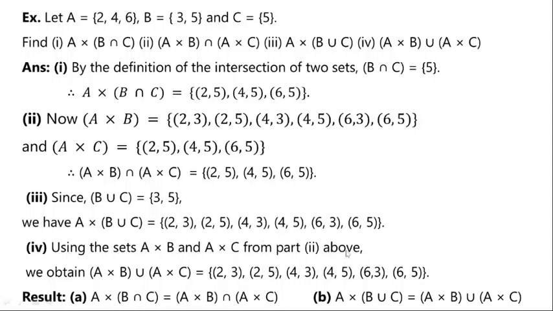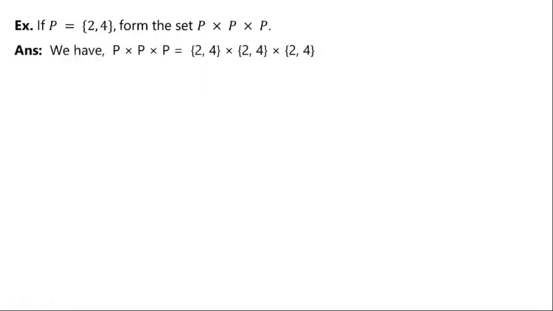Next example: if P equals the set of elements 2, 4, form the set P cross P cross P, that means the Cartesian product of P, P and P. So here is your answer. P cross P cross P is equal to {2, 4} cross {2, 4} cross {2, 4}. So how to evaluate this type of Cartesian product? Look at once.